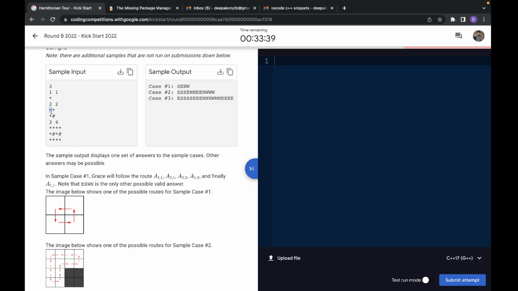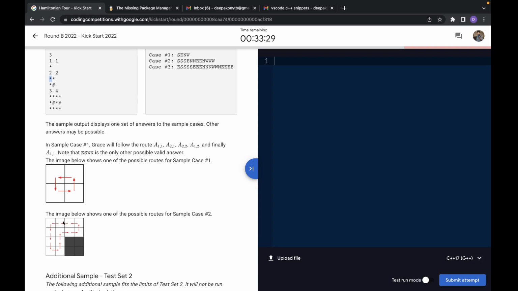Every star is an empty space and every hash is an obstacle. Now every star is not just a single empty space. It's like four empty spaces. So you'll have these four empty spaces. For another star, you'll have other four empty spaces. For this hash, you'll have those four obstacles. So every point represents four different squares.